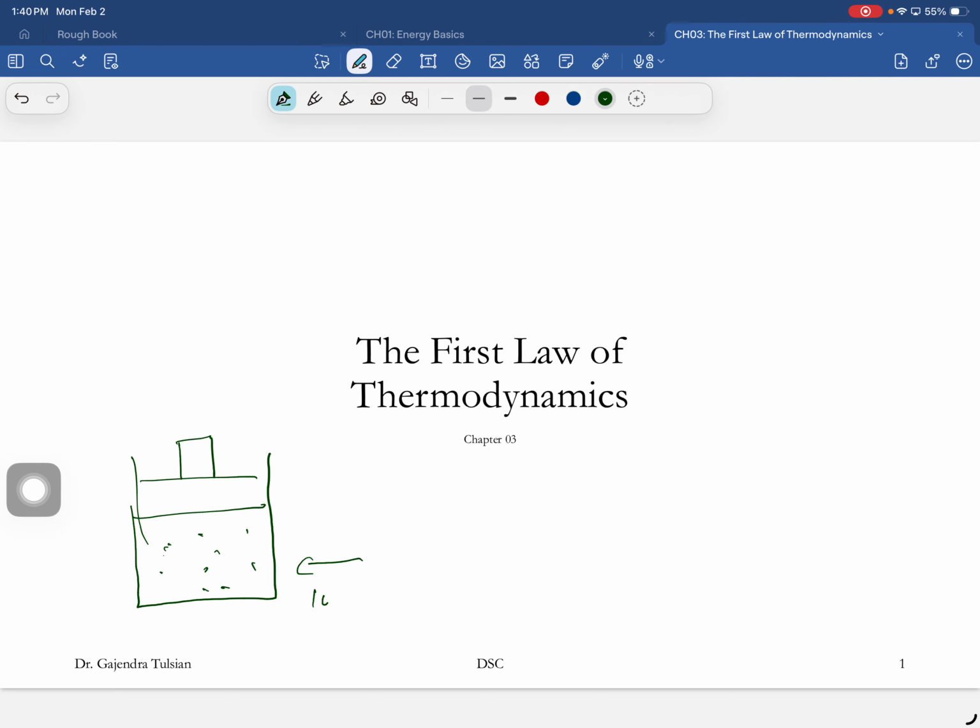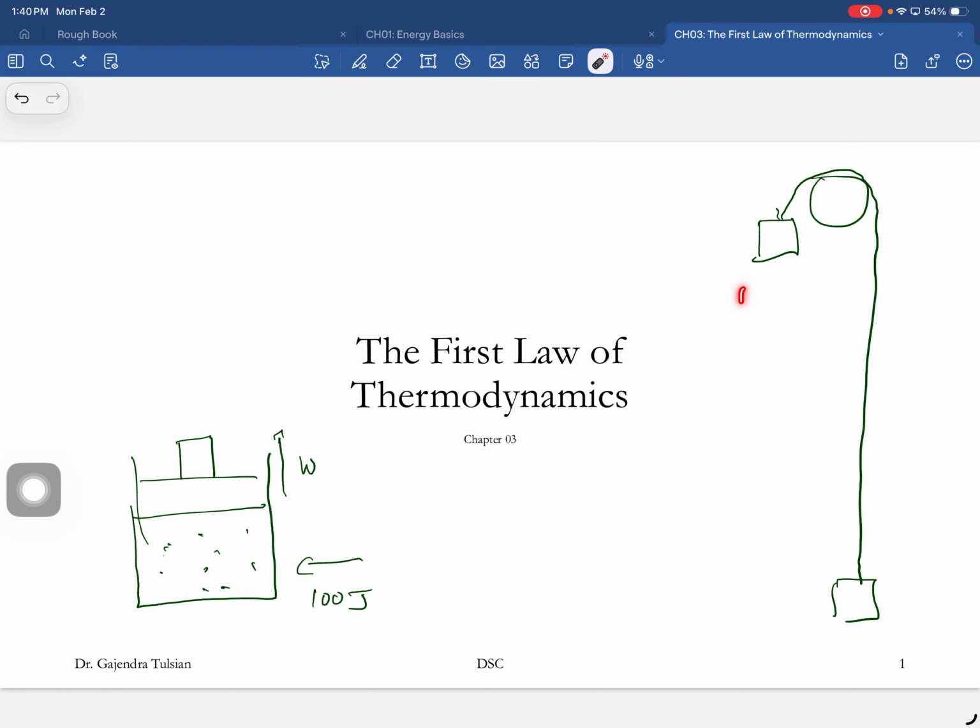What happens to the rest of the energy? It stays as heat. So if you put in 100 joules of heat, 20 joules got converted to work, and 80 joules remains as heat. In a car, heat is obtained from burning gasoline and converted to mechanical energy, and what you don't convert to mechanical energy goes out your tailpipe.